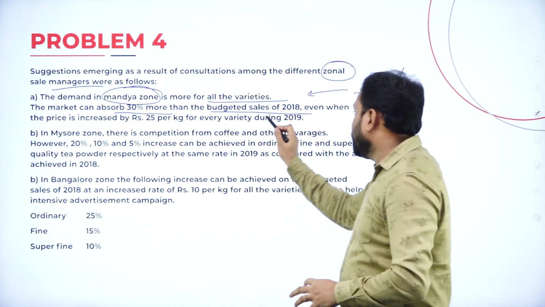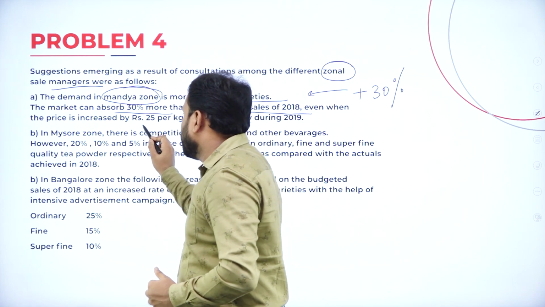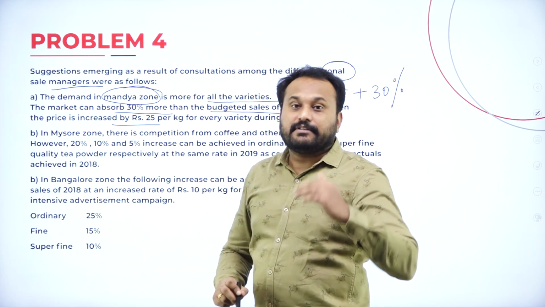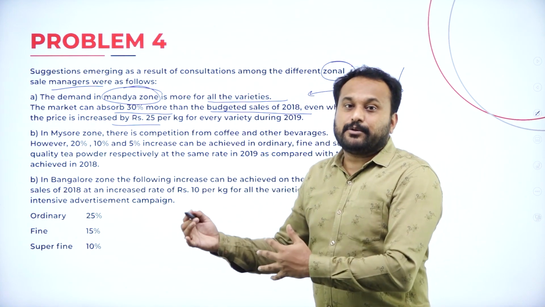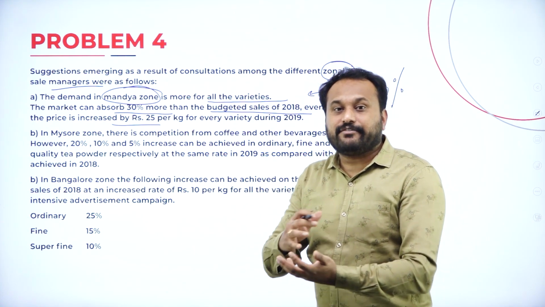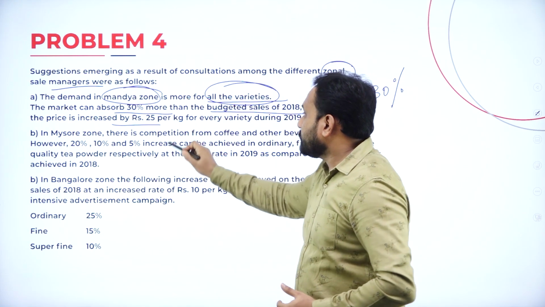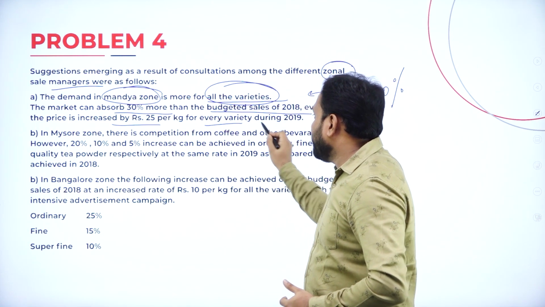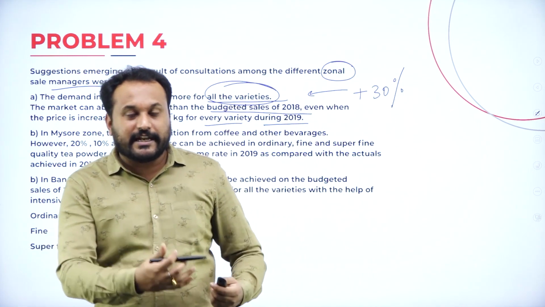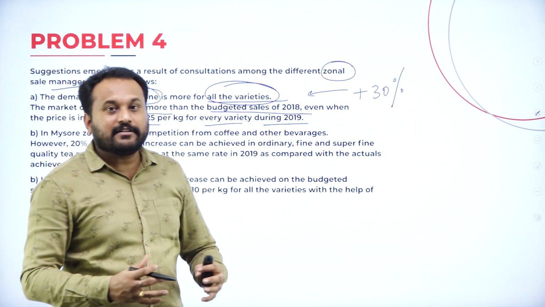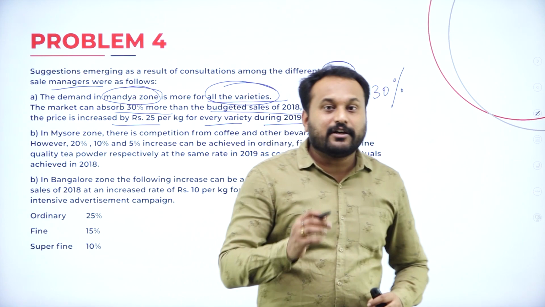They have only mentioned here, even when the price is increased by 25%, now what is the rate it was? You need to add 25 rupees for all varieties per kg of every variety during 2019. So we are preparing for 2019. Unit should be increased by 30% and rate should be increased by 25 rupees.